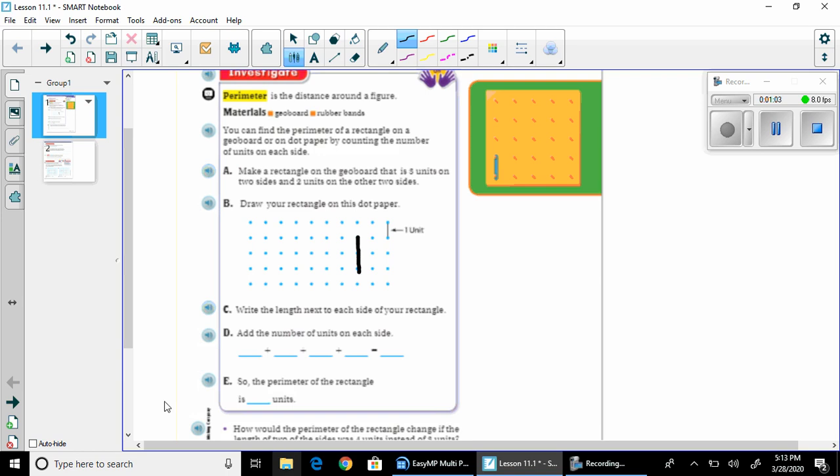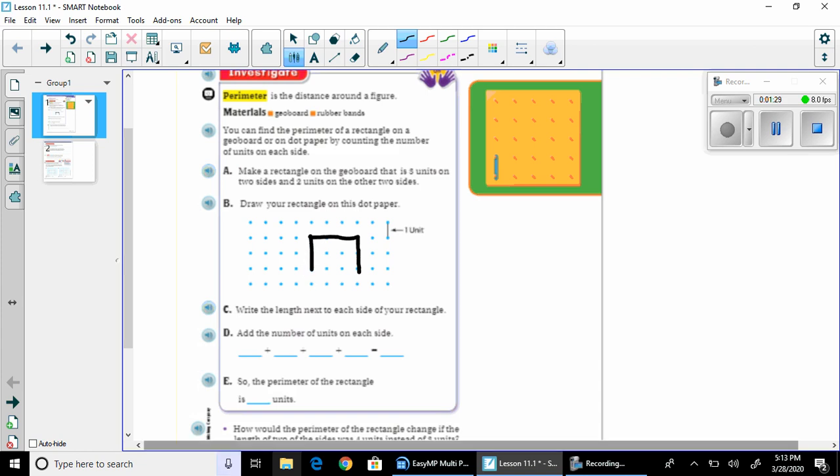Then on the top, I am going to do my other side, which is going to be 3 units. So 1, 2, and 3. Oops, went a little fast. Down below, our other side is going to be 2 units again. 1, 2.